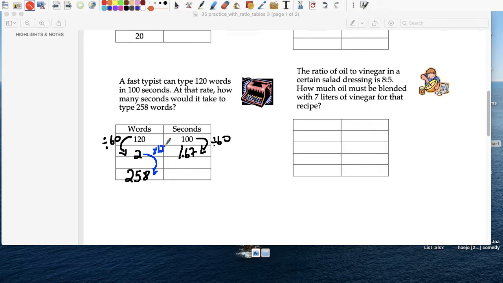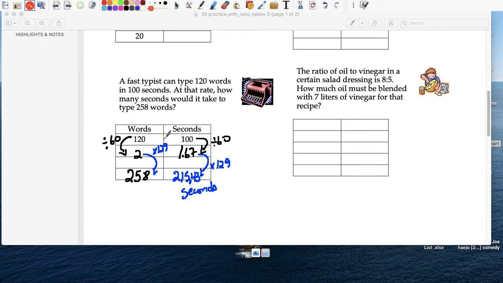Times 129. And over here, I can also multiply times 129. And we're going to get 215.43 seconds.